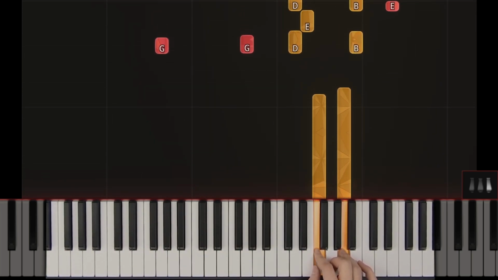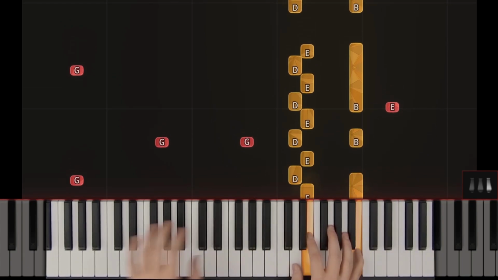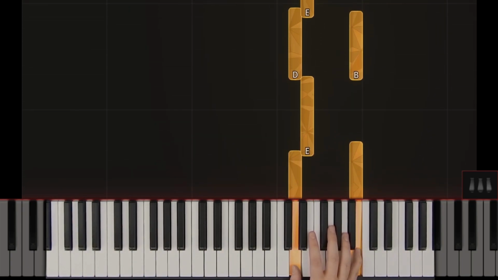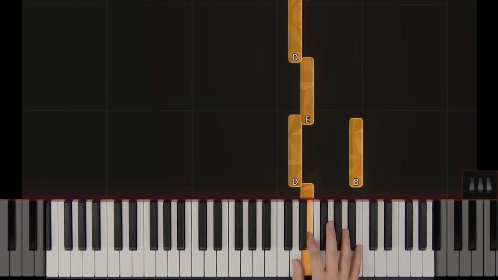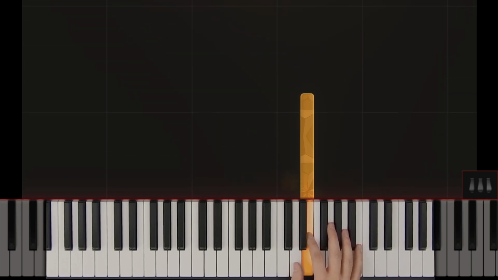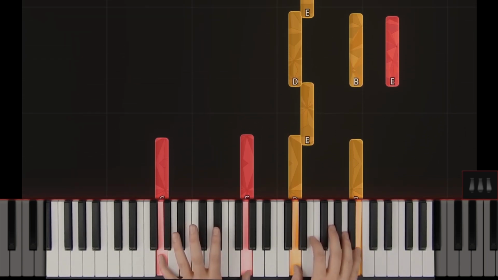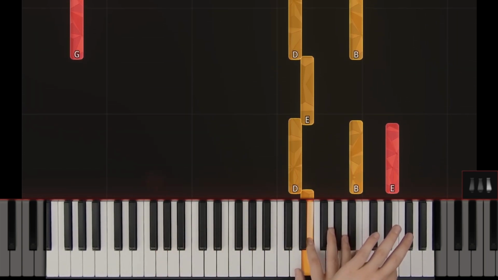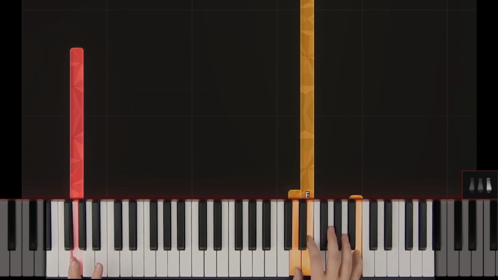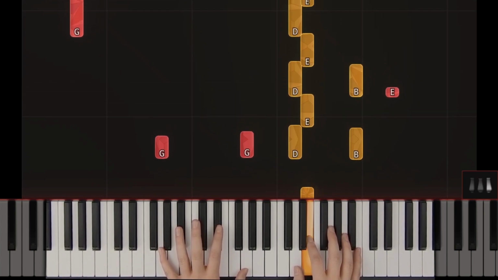One pedal for all of that. Moving on. So we have 1, 5, 2, 1, 5, 2, 1, 2. And the left hand is octave G, E across, G in the bottom, and then that again.